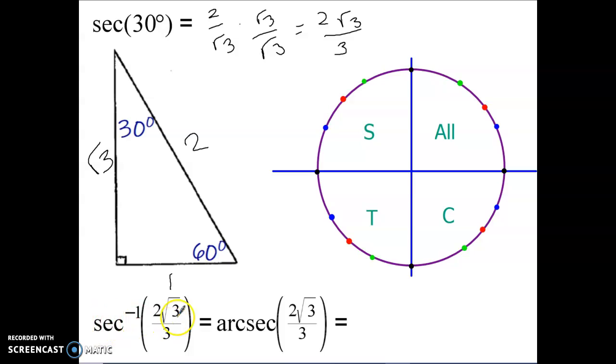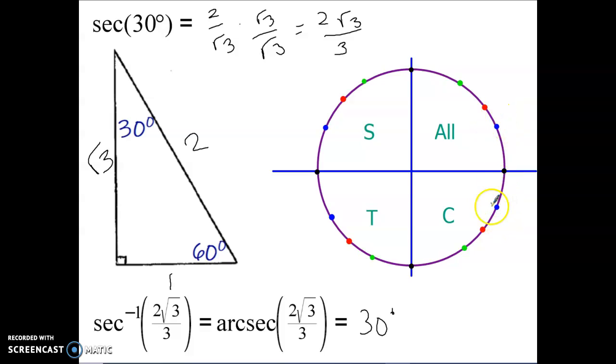Because remember the inverse, you give it the ratio, this one just happens to be simplified, and you get an angle answer back. All right, well I know one of them is 30 degrees. Let's put that in there. Okay, so then what is the other angle? Where else is secant positive? Well, secant goes with cosine, so it's positive here in the first and the fourth. Now, I've already got my first quadrant answer.